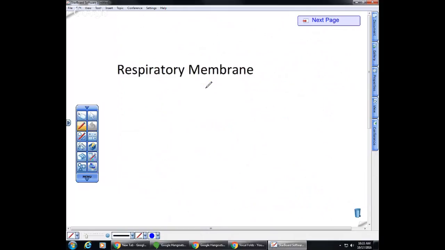Okay, so let's talk about the respiratory membrane. The respiratory membrane is on the surface of the alveoli, and it is simple squamous epithelial tissue.